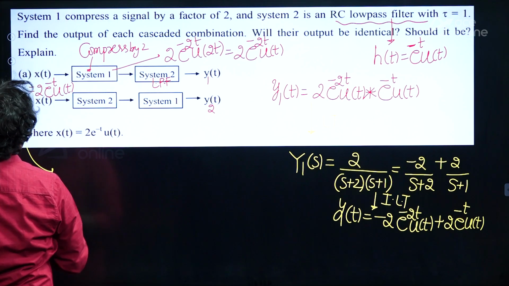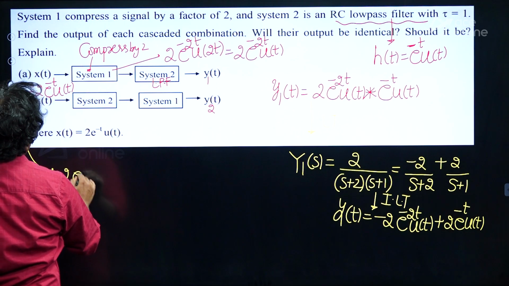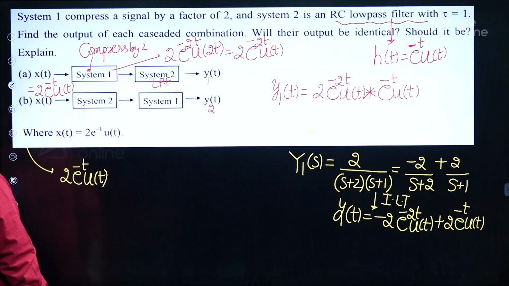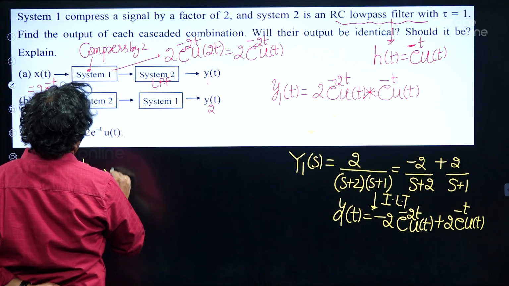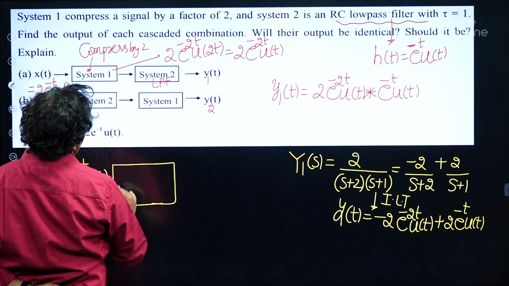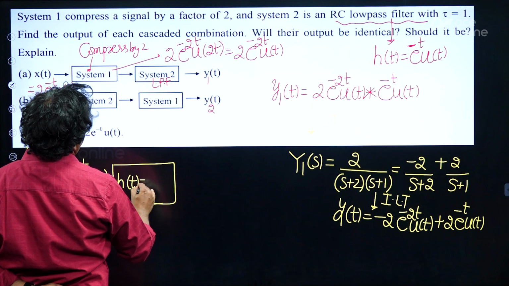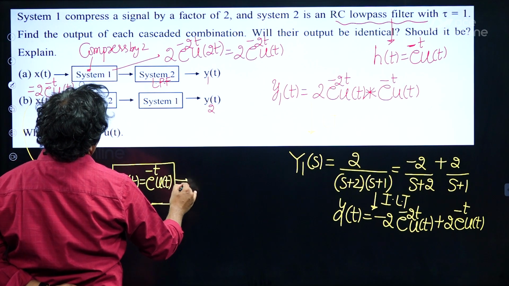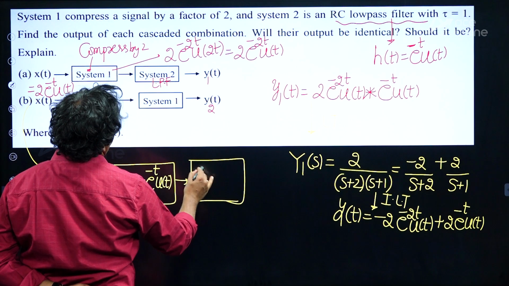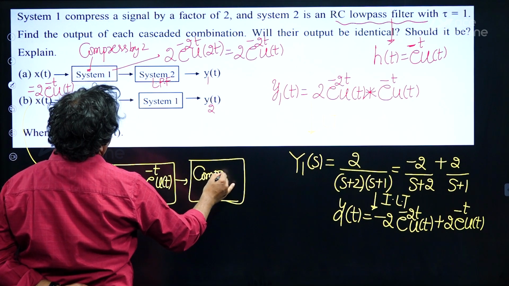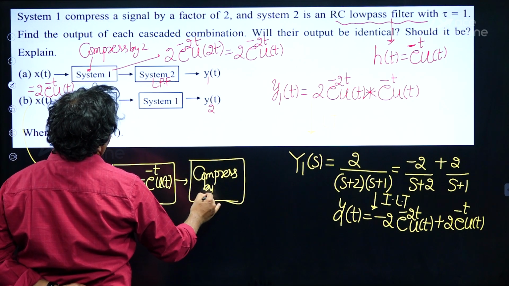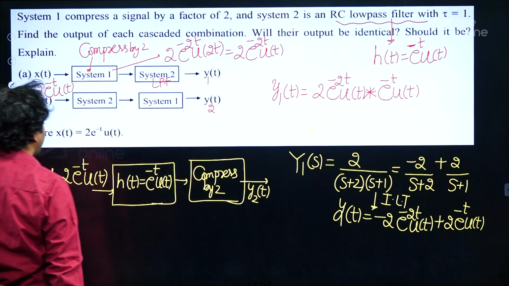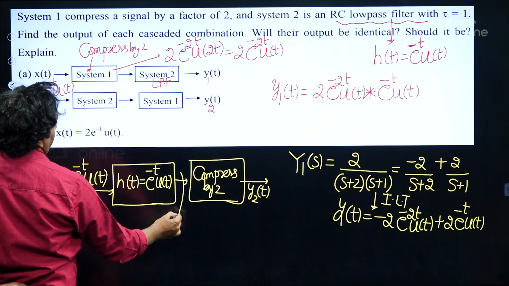But when you check part B, you want to pass the input through the first low pass filter. What is its impulse response? e^(-t)u(t). Later on pass through the compressed-by-2 system.